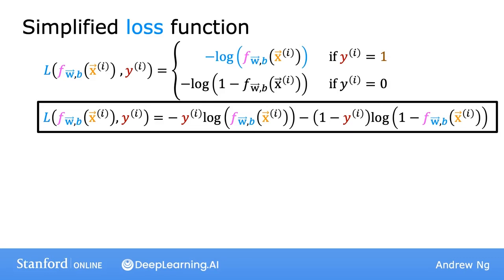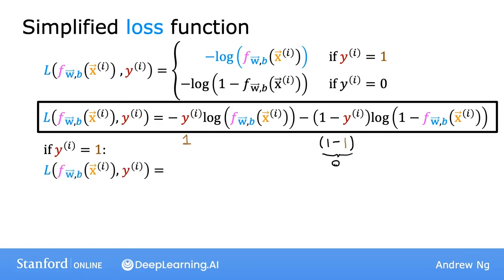Now remember, y can only take on the values of either 1 or 0. In the first case, let's say y equals 1. This first y over here is 1, and this 1 minus y is 1 minus 1, which is therefore equal to 0.